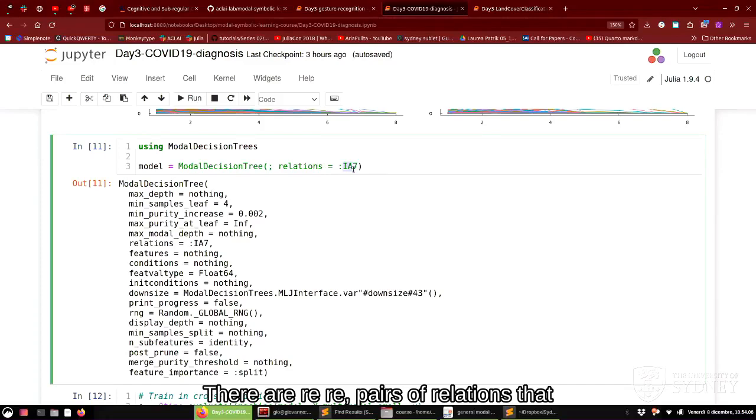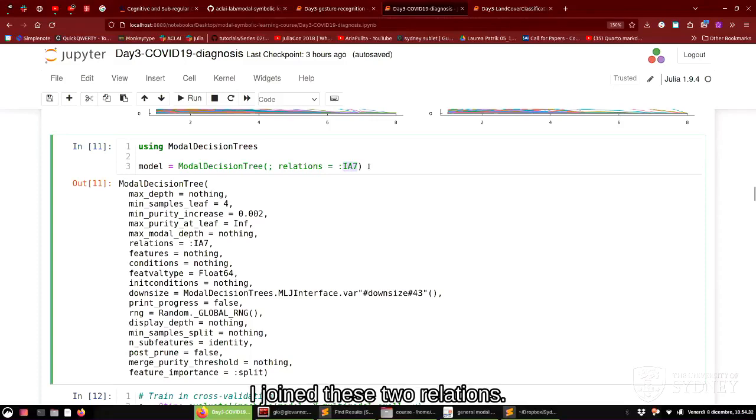There are pairs of relations that are closer together. For example, the later relation, which tells me later in time, is kind of close to the after relation, which means I have an interval which starts where I end. So I can choose a language where I join these two.